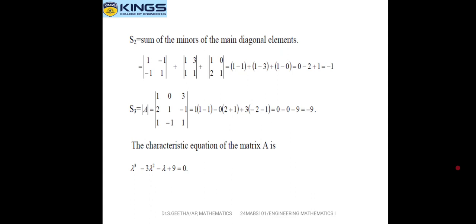S3 equal to determinant of A. Determinant of [1, 0, 3; 2, 1, minus 1; 1, minus 1, 1] is equal to minus 9. After finding S1, S2 and S3, we write the characteristic equation of the matrix A: lambda power 3 minus 3 lambda square minus lambda plus 9 equal to 0.